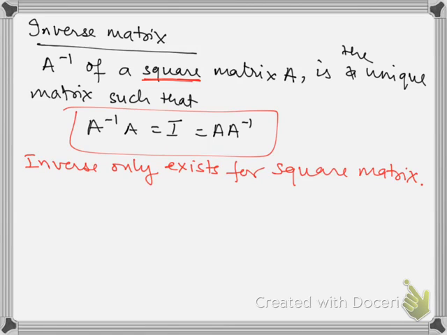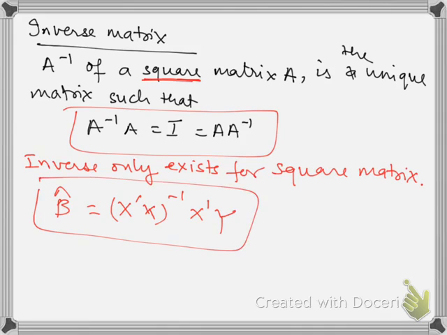Finding inverses is really messy, so the good news is that we will always let computers find inverses for us. So remember, beta hat in terms of matrix algebra is X transpose X inverse X transpose Y. We will talk about it in class.